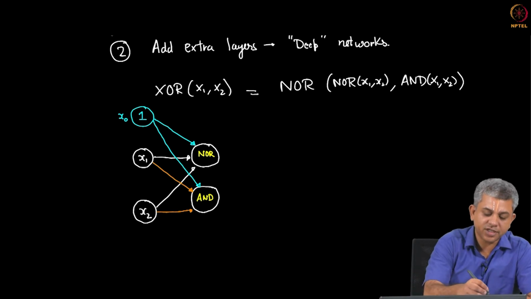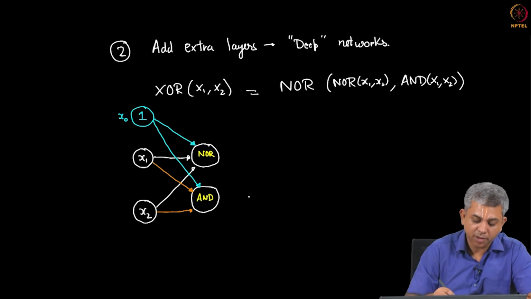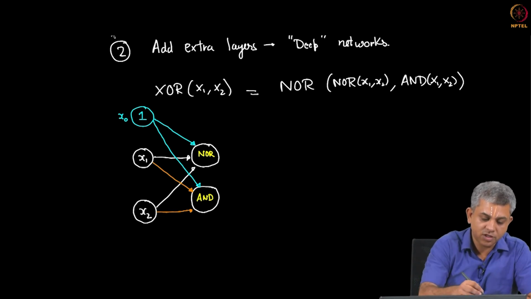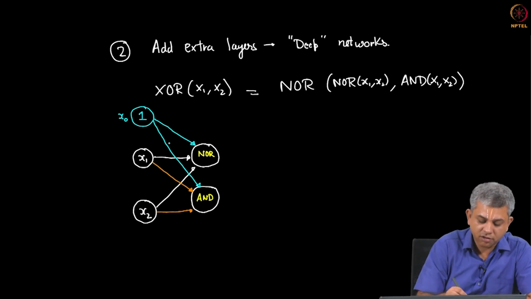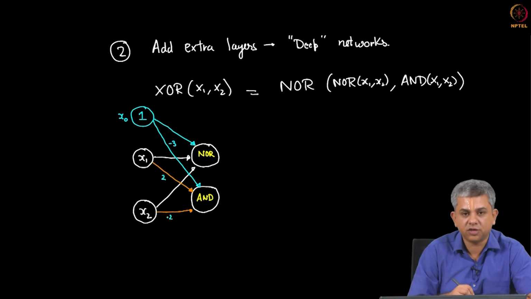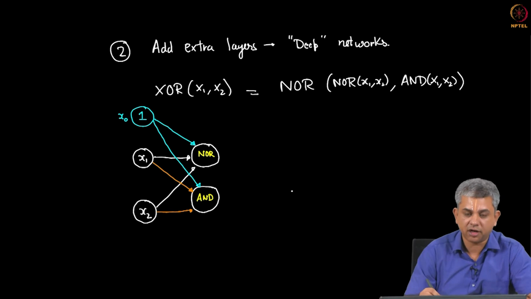So, we will need some notation which we will use shortly, but remember that these new weights are actually different. If you recall, the AND weights were minus 3, 2 and 2. These were different from the weights that we used for NOR gate. Let me erase these two, we will use some notation shortly which will make this whole thing clear.